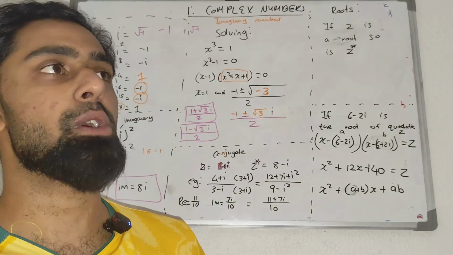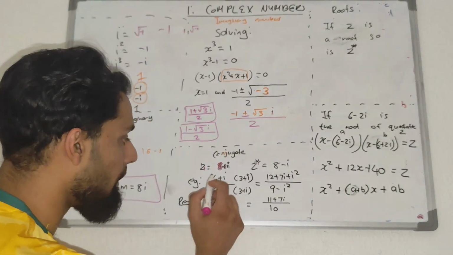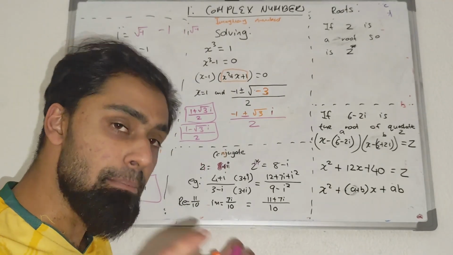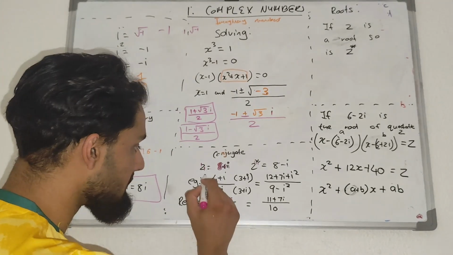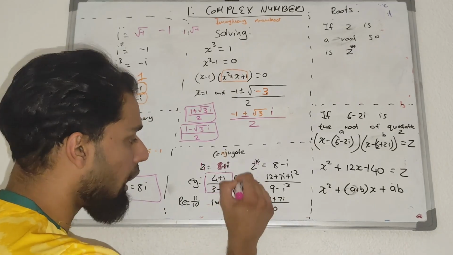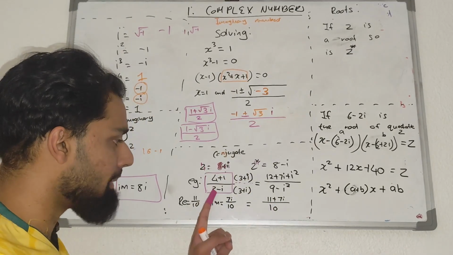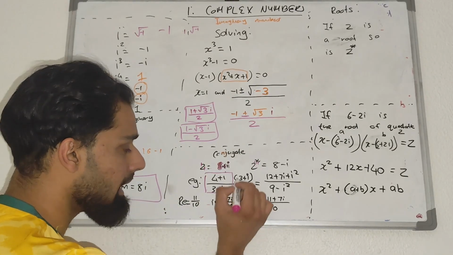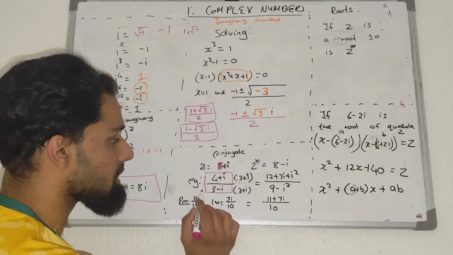Because complex numbers are so tough to work with in that there's a real part and imaginary part, they become even tougher to divide. So one of the best ways we can simplify complex numbers of this form is to multiply by the conjugate over the conjugate, right? So if we have 3 minus i here in the denominator, the conjugate is 3 plus i, we multiply by both. This is an i at the top, by the way.